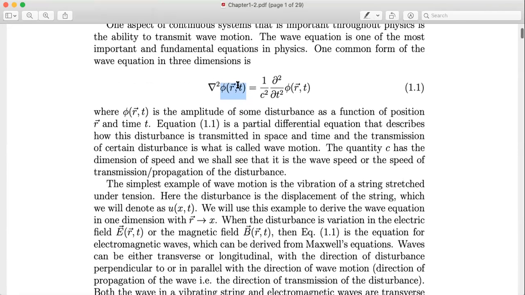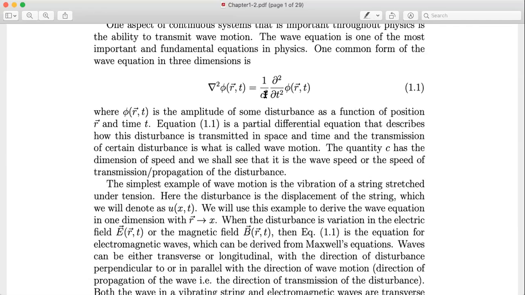Then if you just look at the dimension of the equation, the left-hand side is a Laplacian, so it's second order, and the dimension is phi divided by length squared. The second order partial derivative of phi with respect to time will have dimension phi divided by time squared. The two sides have to have the same dimension, so you must have some constant of dimension 1/speed squared to relate them.